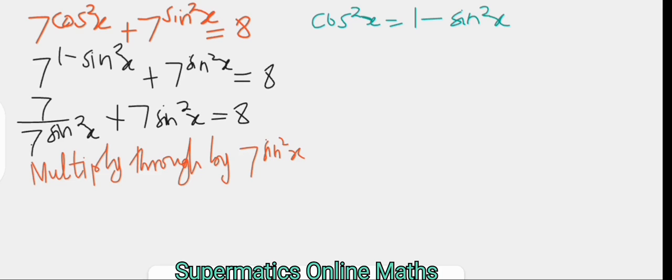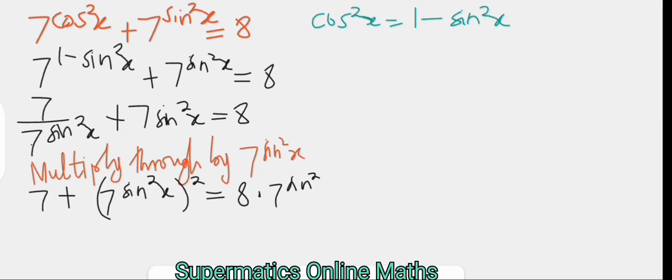We multiply through by 7 to the power of sine square x to give us 7 plus 7 to the power of sine square x, all squared, and on the right hand side we have a times 7 to the power of sine square x. Now at this point we can let 7 to the power of sine square x be y.